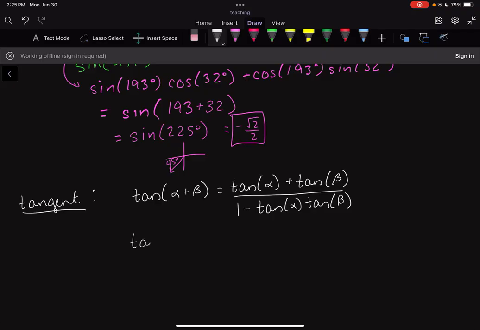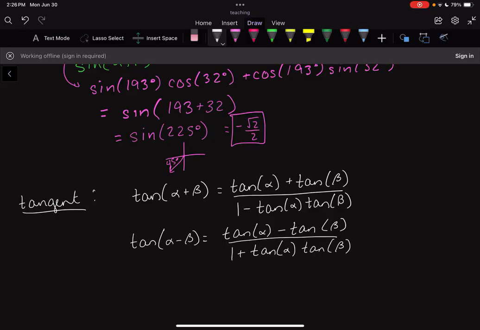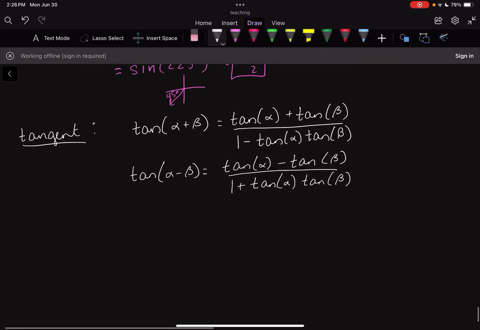And then the subtraction version of it is tangent alpha minus tangent beta divided by 1 plus tangent alpha tangent beta. And so we're going to use it for the same reasoning. It's just that we'll have just tangent instead of sine and cosine.